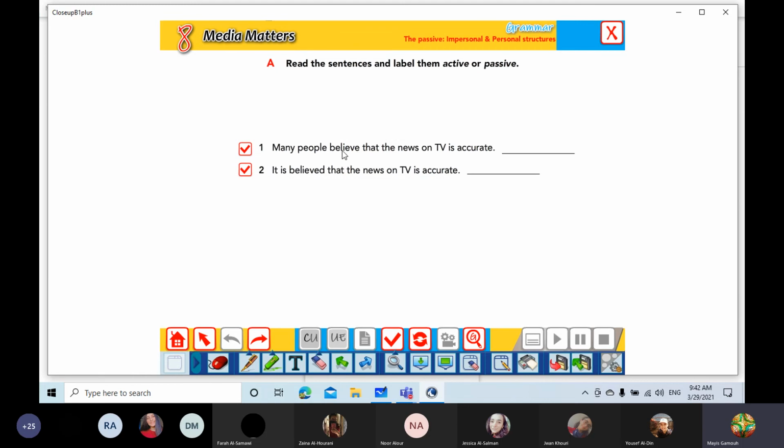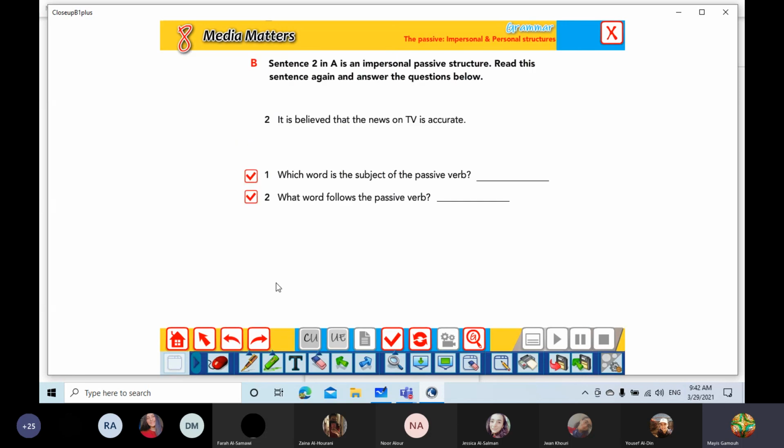And if I want to make it a personal passive voice, what will be my subject in here? The news. That's why we answered it as the news in the next question. What word follows the passive verb? That. Thank you.